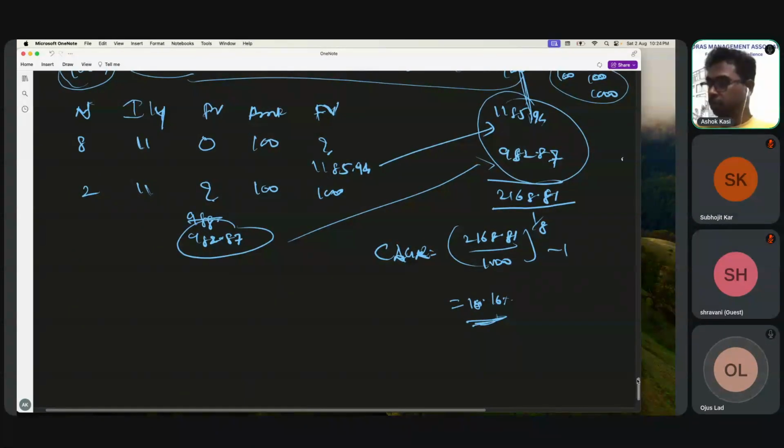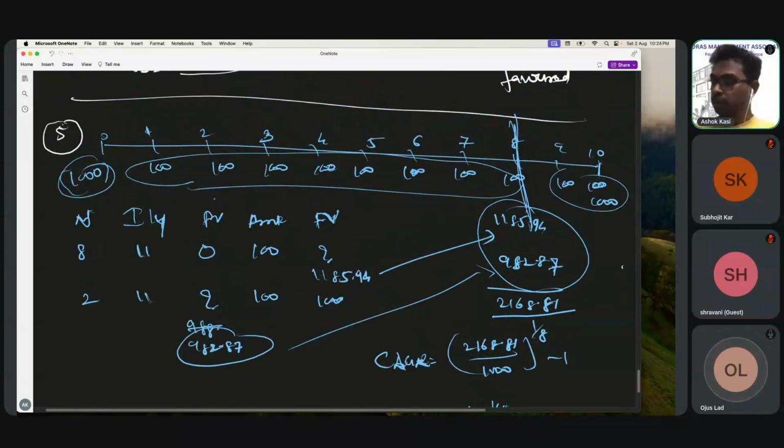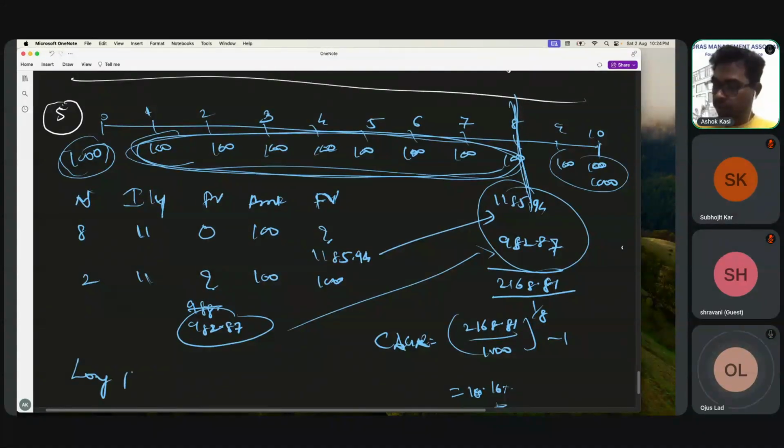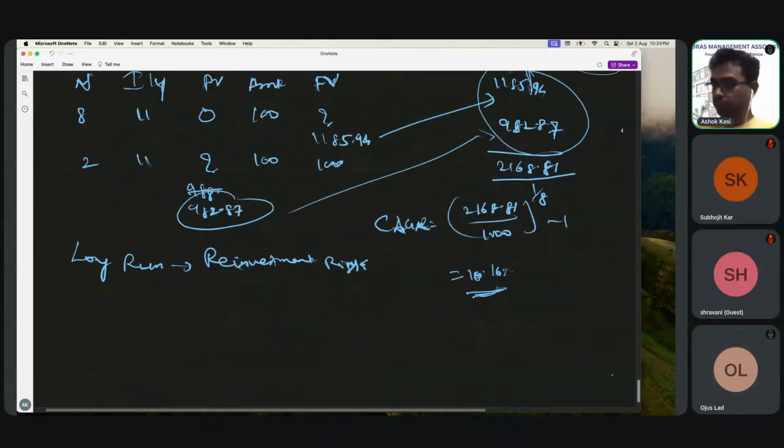This is intuition. Why? Because in the long run, reinvesting is going to be more powerful. So in the long run, reinvestment risk is more powerful. Whatever happens with reinvestment, you are reinvesting at the higher rate, so it is favoring you and your returns are going up.